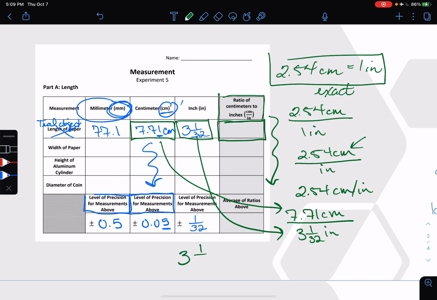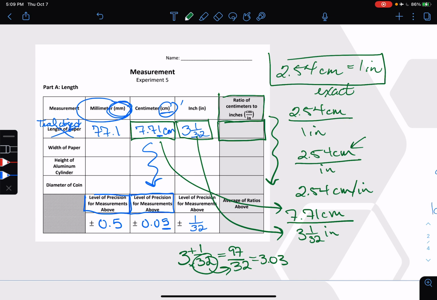3 and 1/32, if I wanted to turn that into an improper fraction, I would do 32 times 3 plus 1, which would give me 97, but you have to remember that it's not just 97. You have to keep the denominator, which makes 97 divided by 32, which is 3.03.